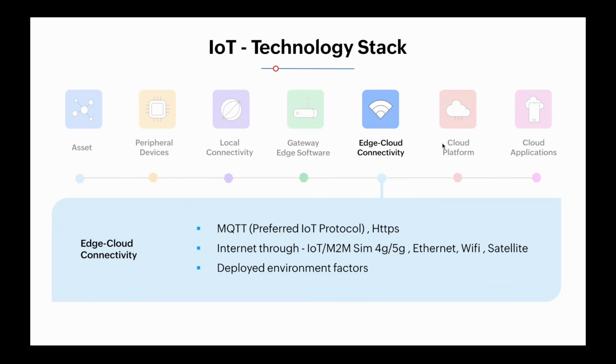This is the typical internet connectivity which can happen through IoT M2M SIMs or 4G, 5G networks. It could be Ethernet, Wi-Fi, or even satellite or NB-IoT, all sorts of communication ways, right? And these are the internet communication ways. However, the protocol that is being predominantly used for IoT communication is MQTT.